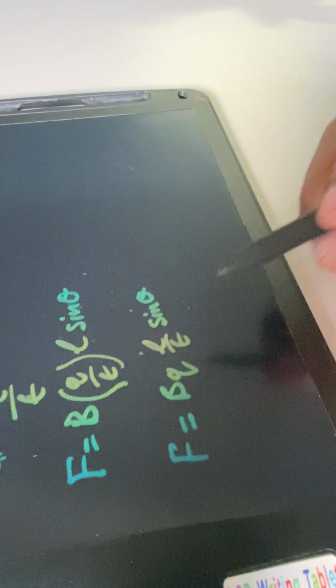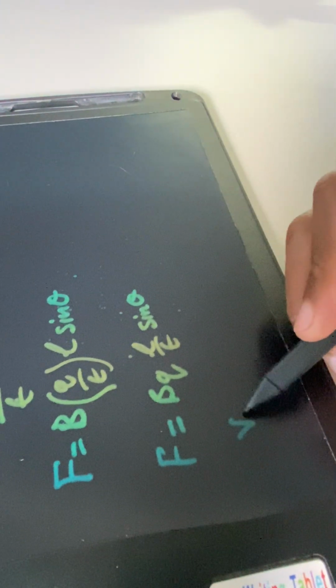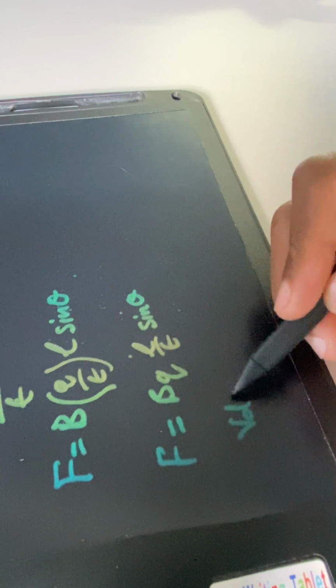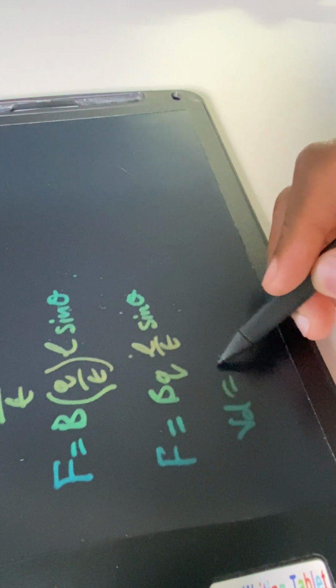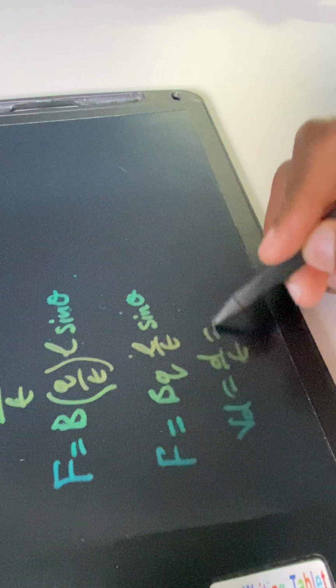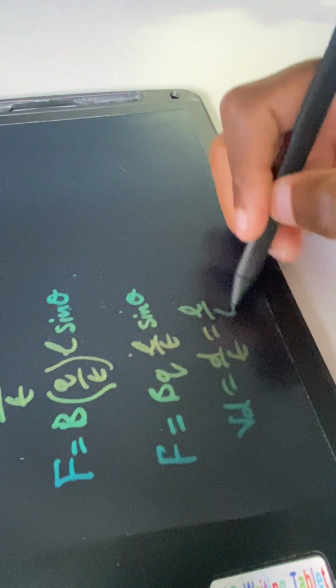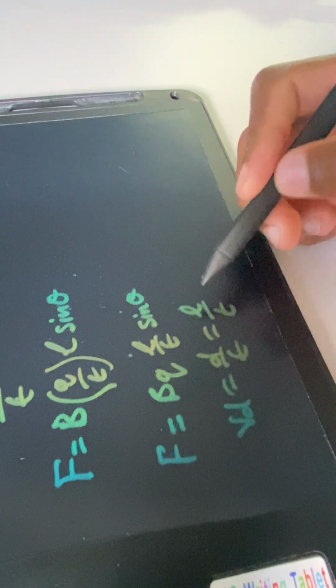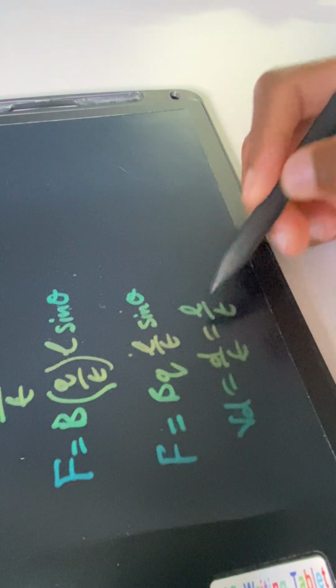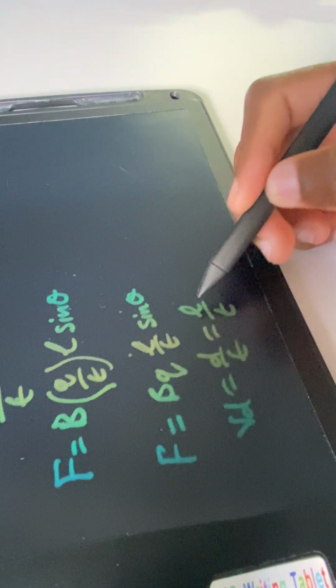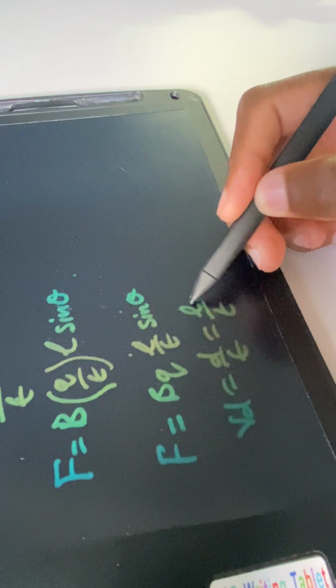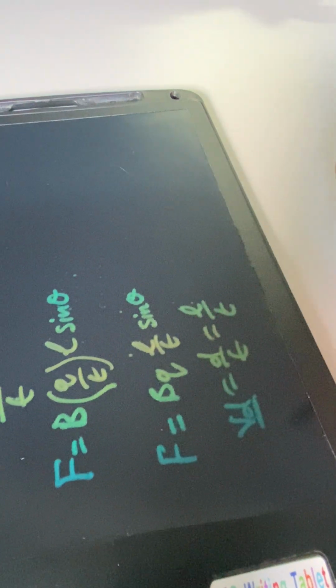What I want you to understand is the drift velocity. We know that velocity is distance over time. Our distance is going to be the length of the wire, over the time. If you know the time it took the charges to move along the length of the wire, we can find the drift velocity of the charges.